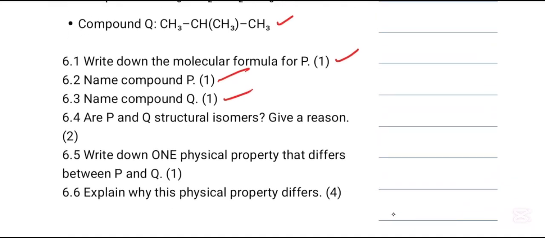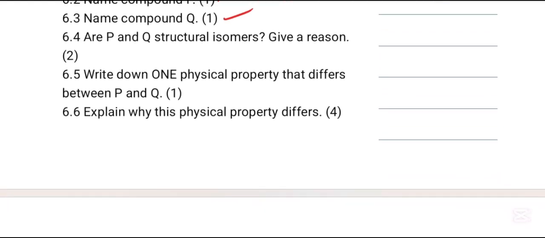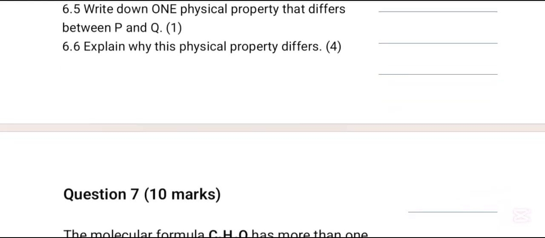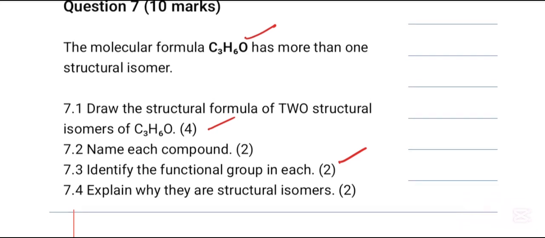Write down the physical property that differs between P and Q. Then explain why physical property differs. Then you go to question number 7 on your time. Given a molecular formula, draw the structural isomers as ngaphuma pha, name each compound, identify the functional group, explain why they are isomers, and so on.